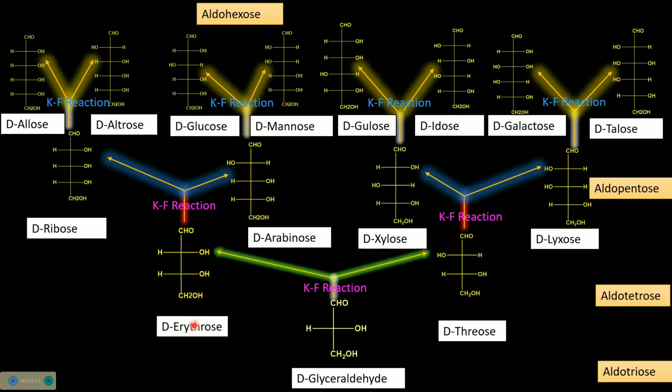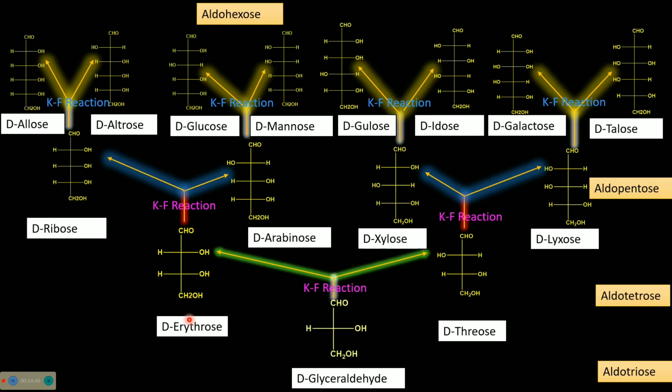Since D-erythrose is an aldotetrose, we will get two aldopentoses. Upon Kiliani-Fischer reaction we get two higher homologues, means since the reactant is an aldotetrose, we will get two aldopentoses. So now you can easily draw the structure, I think.